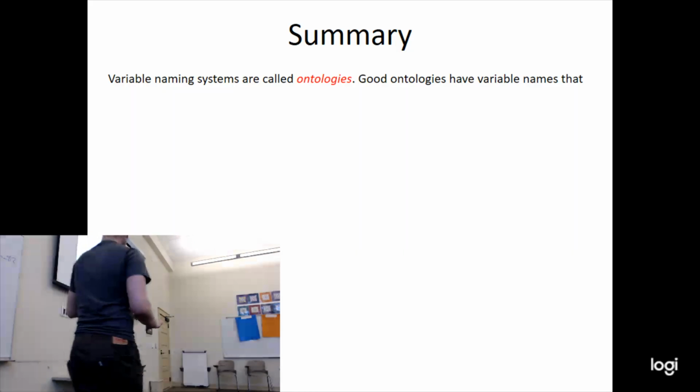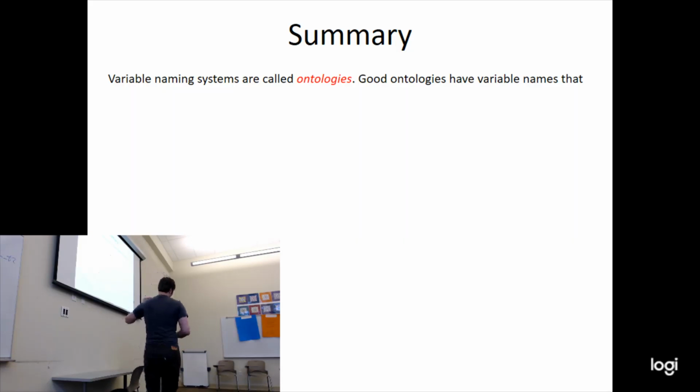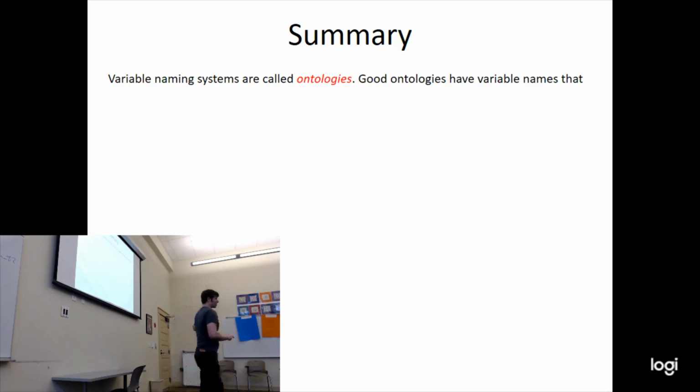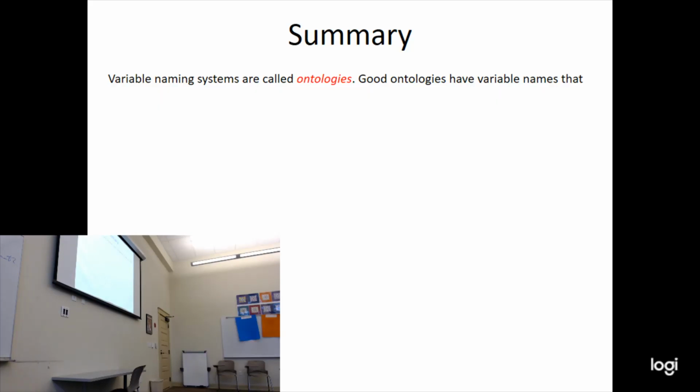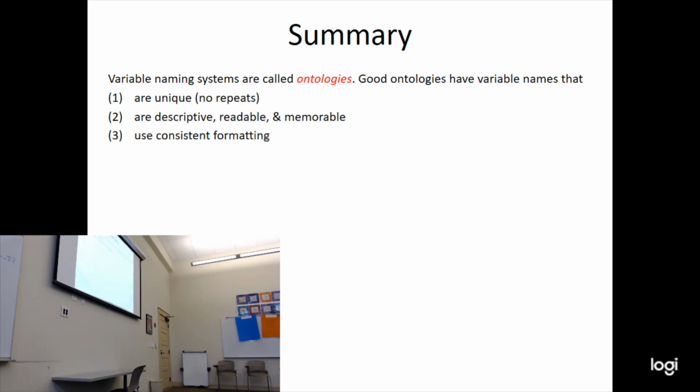So, big picture ideas. There are these things called ontologies, which are just ways of assigning words to concepts, words to variables. A good ontology will tell you which variables are which, so they won't have duplicate names. They're intuitive, descriptive, memorable.